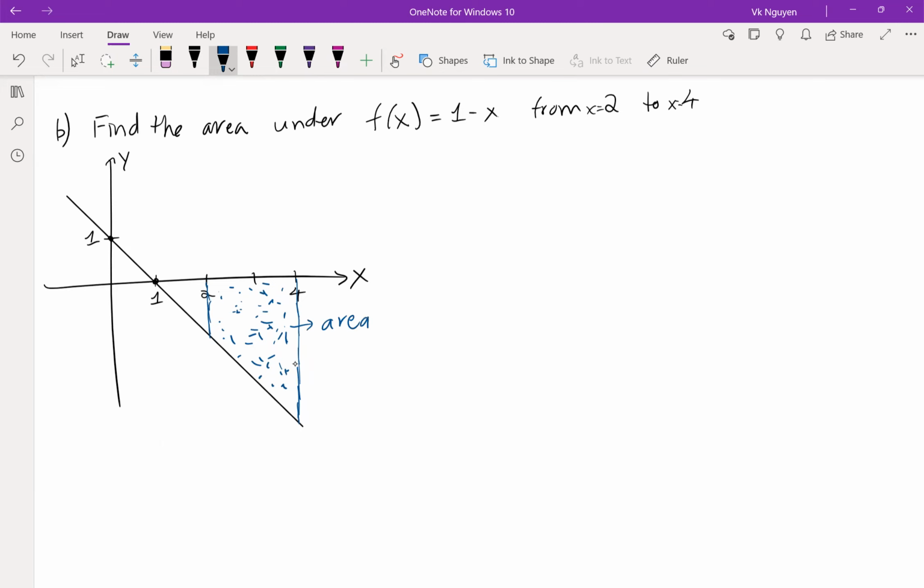Area. Oh, notice that the area is under the x-axis. The area in example A is above the x-axis. Let's see what happens if we compute the area under the curve, but it is under the x-axis.